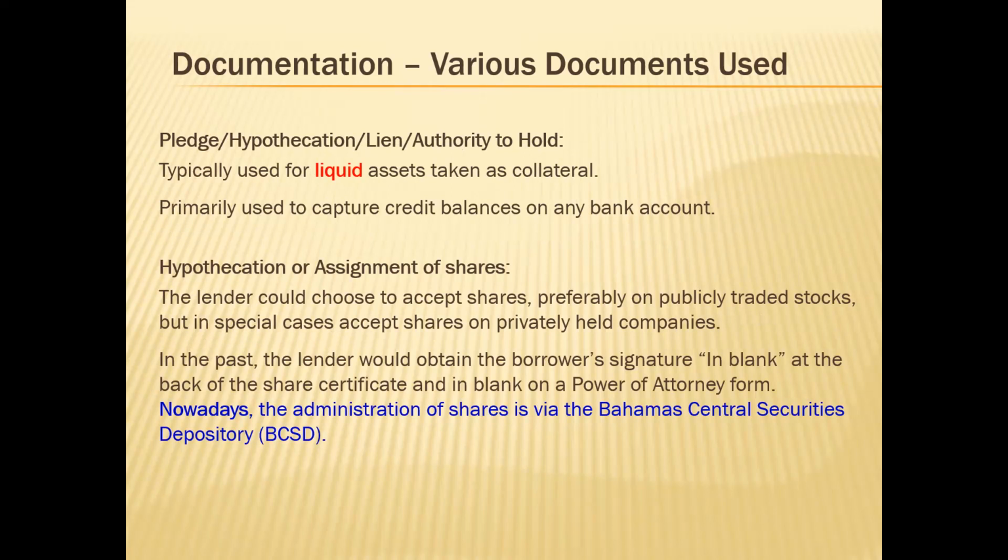In your book, it has fixed. That should be liquid assets taken as collateral. Put a full stop there, and then a new sentence. Take out the word but, and primarily should be given a capital P, so you have two distinct sentences.